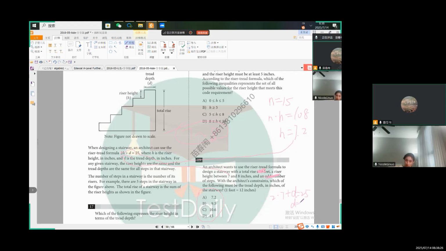So D is 25 minus 14, which is 11, right? And then substitute 8: 2 times 8 plus D equals 25. D is 25 minus 16, which is 9, right? So you can imagine it's between 9 and 11. If it's between 9 and 11, how can you tell? B and C, you can never tell.